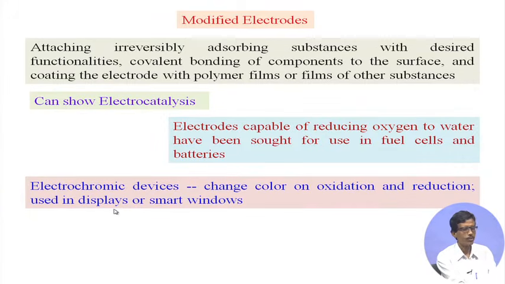That means, if you change the corresponding potential of that particular display, it changes its color. That we see nowadays in electronic display boards or billboards, as we call them. So, those can change color depending upon the corresponding electron transfer reaction, whether it is going for oxidation or reduction. And some smart windows, that means darkening of the window when you have to shield the entry of daylight.